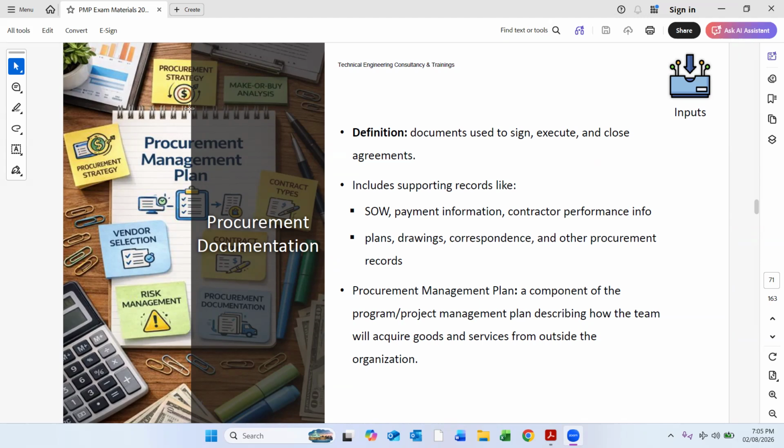Procurement management plan, a component of the project management plan, describes how the team will acquire goods and services from outside the organization. It means a procurement management plan will tell us how any company will acquire or receive services from outside the organization, not within the organization, right? Like, you have different pre-qualifications. You submit pre-qualifications to your consultant and client as a contractor.